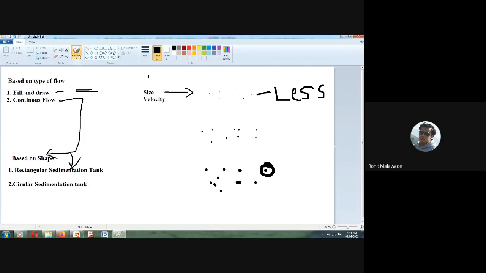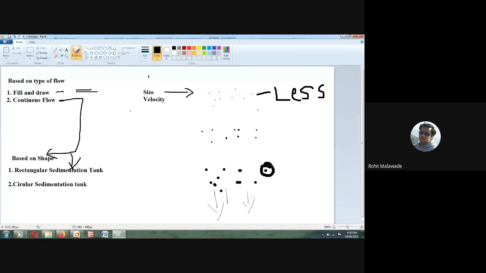That means the weight is also more. Due to its own weight, the particles are going to settle down at the bottom. And this one, it may remain in suspension.